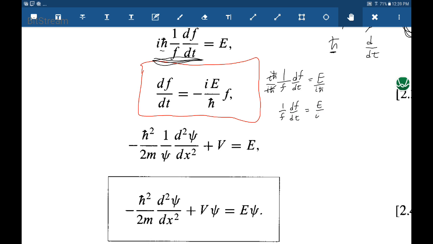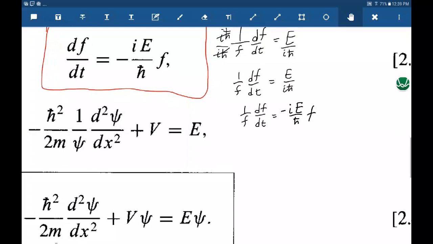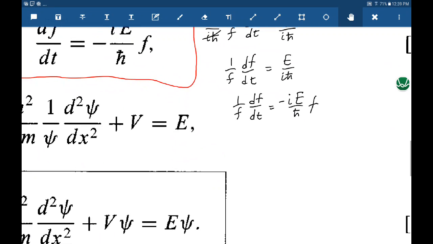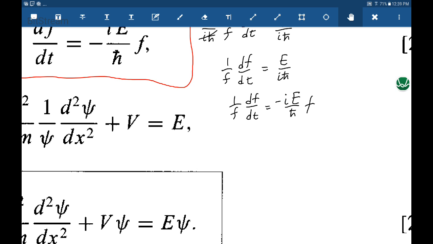Because it is more aesthetically pleasing to us, if you've done a lot of differential equations, also there's a condition that we have in our Schrödinger equation that our solutions have to converge. They can't blow up to infinity as we go to infinity. That's why we want this negative sign in here. These are absolutely equivalent expressions. It's just more aesthetically pleasing to have the negative sign there.